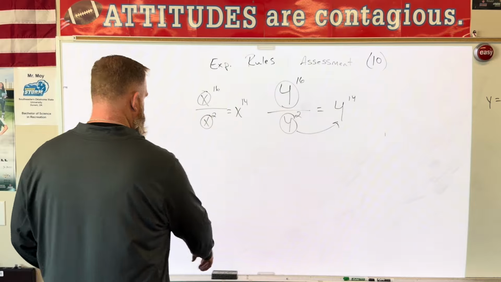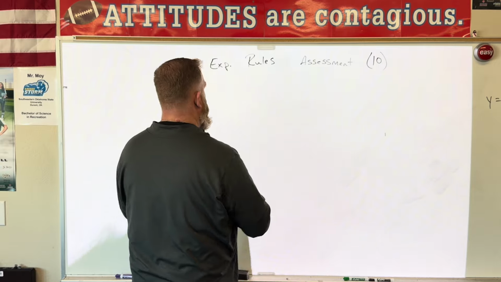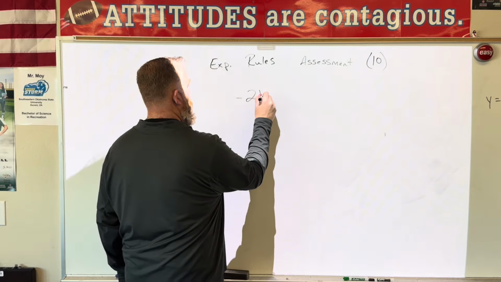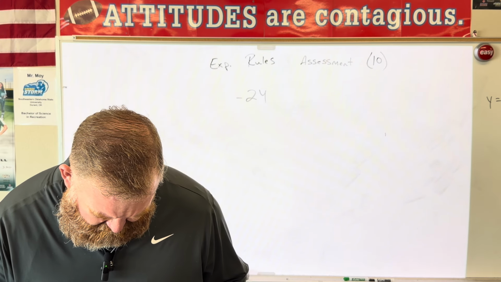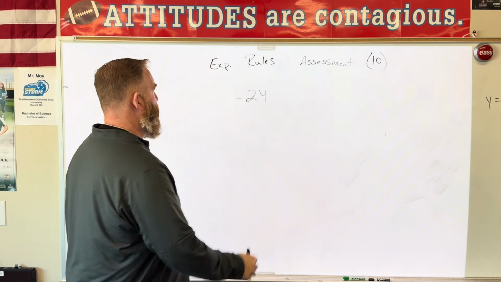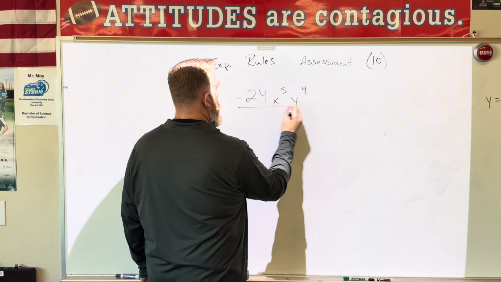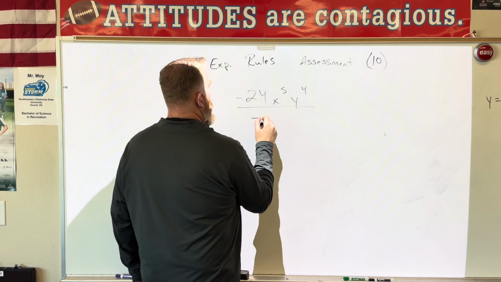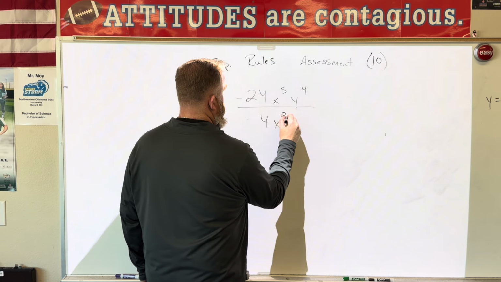I'm going to let you work on this one. This one's division. Negative 24 x to the 5th, y to the 4th over 4, x to the 2nd, y.